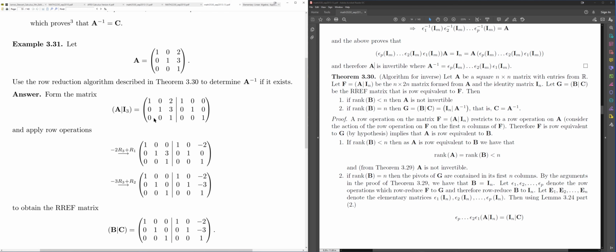You drop to the row underneath, and now you look at this entry. You see it's already 1. Then you look in this column, and you notice that not everything is 0, so you do have some work to do over here. You're going to be using your Gauss-Jordan algorithm here to make this 0 and make this 0.